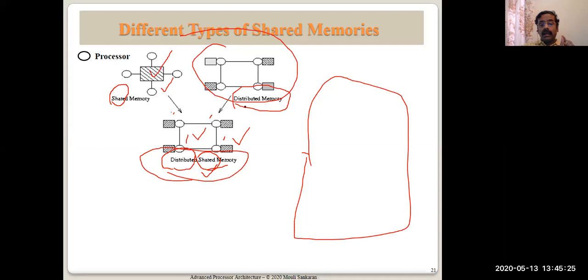So distributed memory means it is physically distributed. It is not in one place. Memory is distributed, and there is no word shared here. That means it is not a single address space. It can be more than one address space. That means if I give you an address, it is not enough. I have to tell which address space I am referring to, and based on that, you have to go and access it.